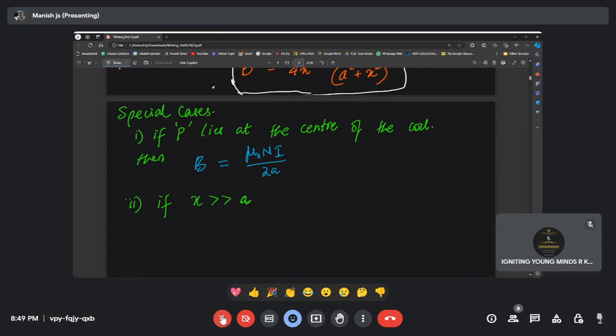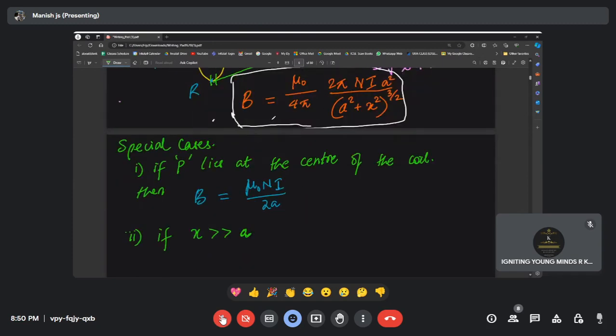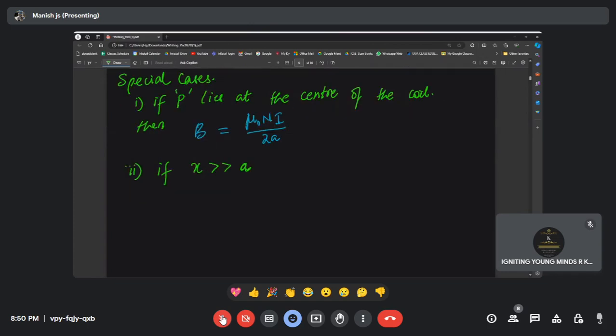If P is a point very far away from the coil, then the term at the bottom is what gets altered. The term in the denominator, (x square plus a square) whole to the power 3 by 2, because x is much greater than a, the a square term becomes negligible.